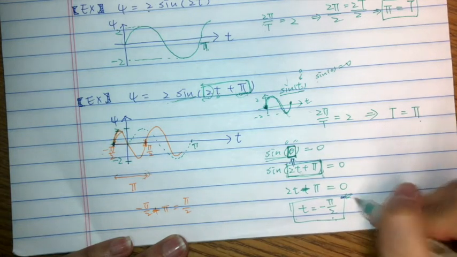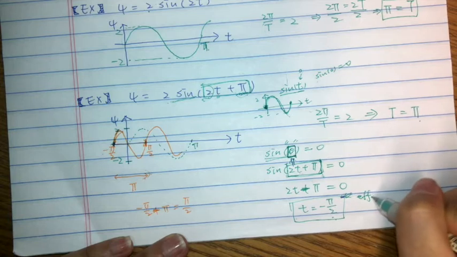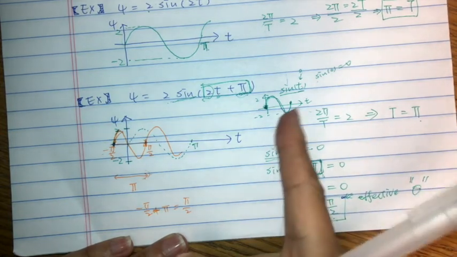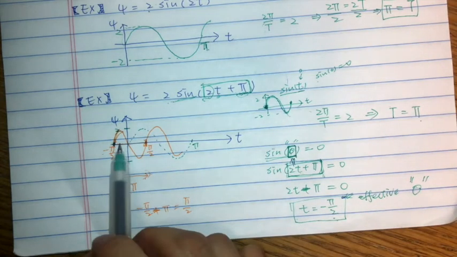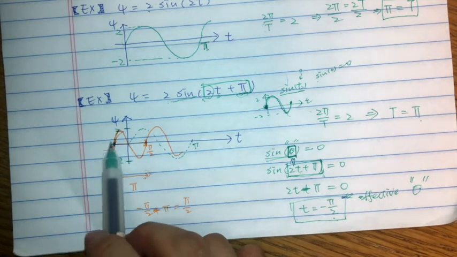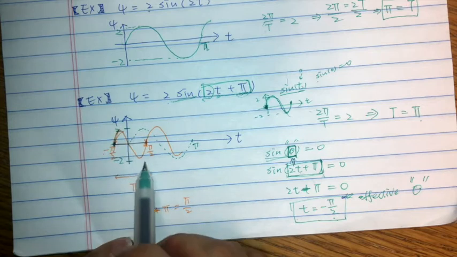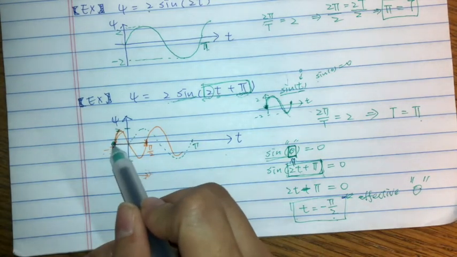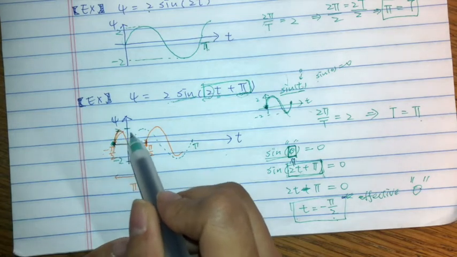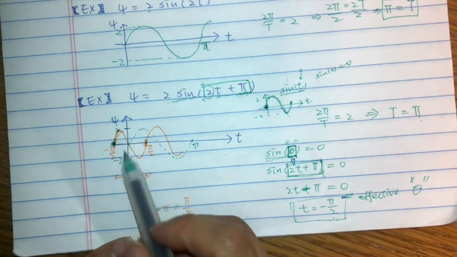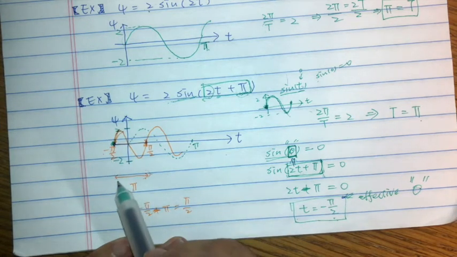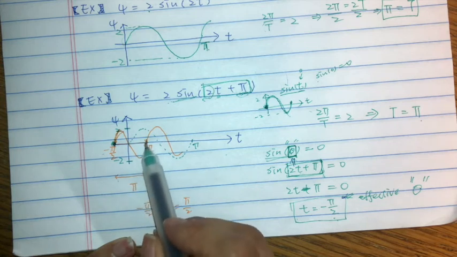So this is effectively the 0 in this case, which means my wave will start from negative pi over 2 and then go up and down, up and down, and up and down. So now I know it starts from here, and I know after a cycle, after period pi, it will come back to itself.